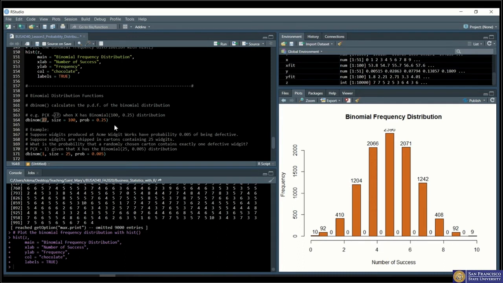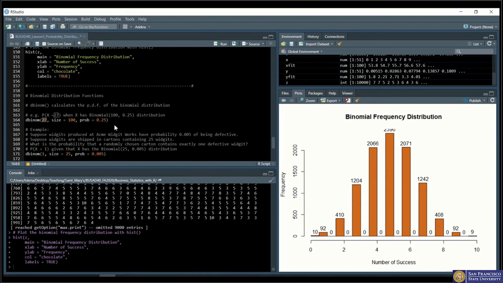Now the good thing about discrete distributions like the binomial distribution, actually not a good thing, but just one unique feature, is that you can ask a particular question like this. I want to know just 27 successes.